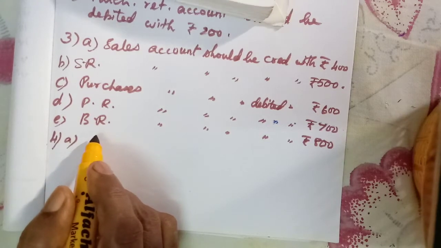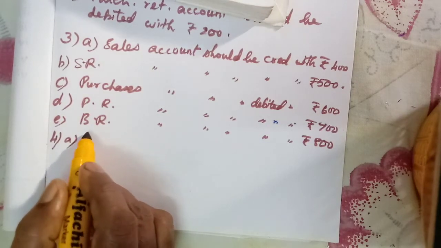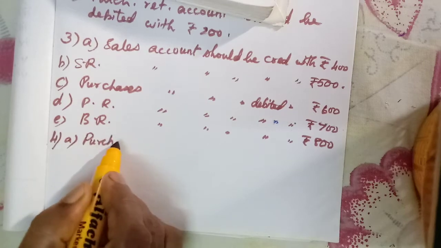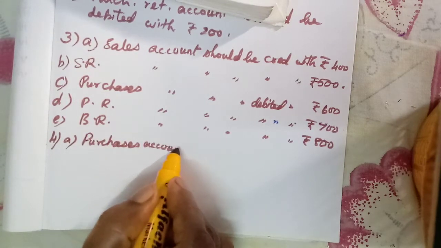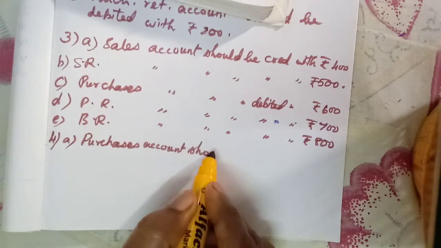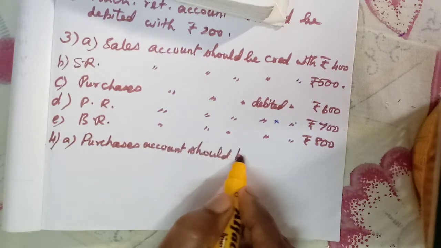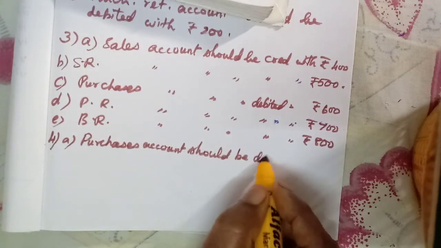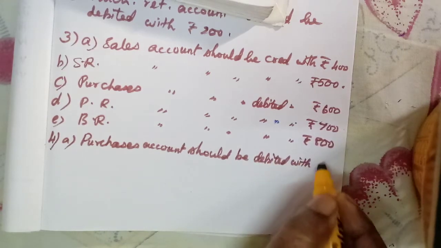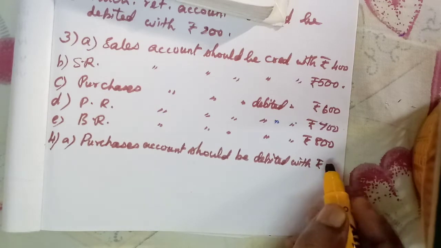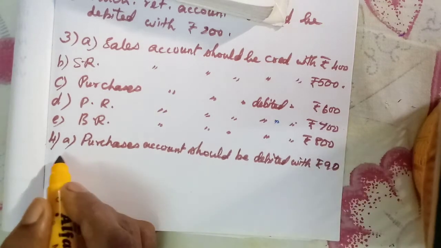Purchases book was carried forward less. So purchases account should be debited with rupees 90. Okay, then B.